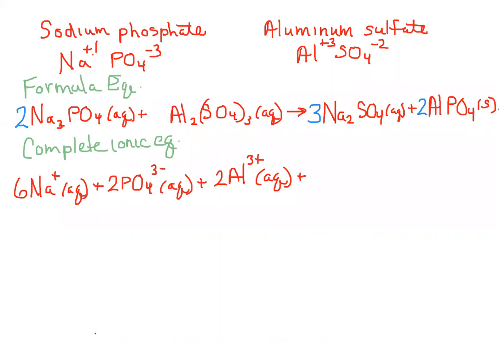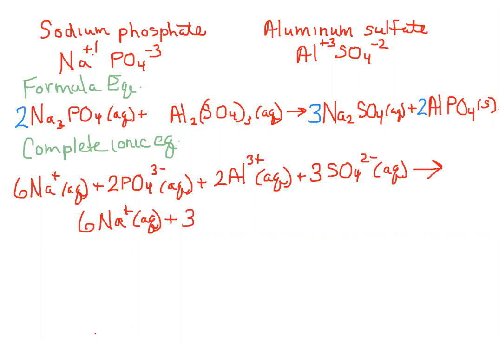And we have 3 sulfates with a -2 charge. And that yields 6 sodiums with a plus charge and 3 sulfates with a -2 charge, plus we keep the solid all together. This is the complete ionic equation right there.